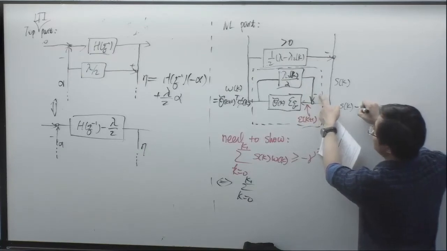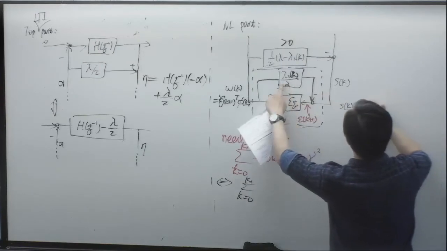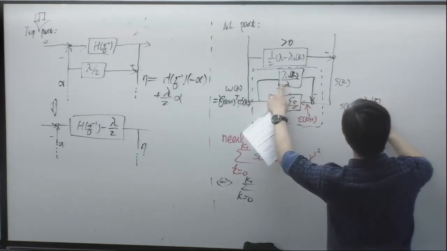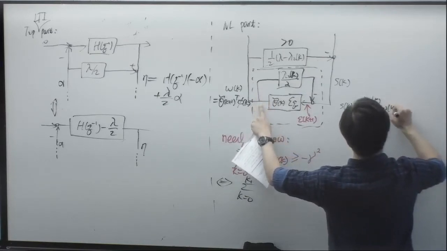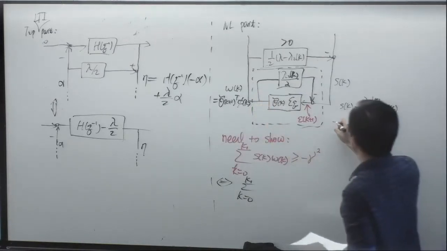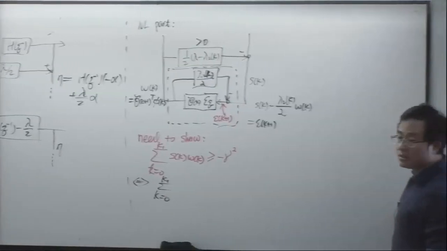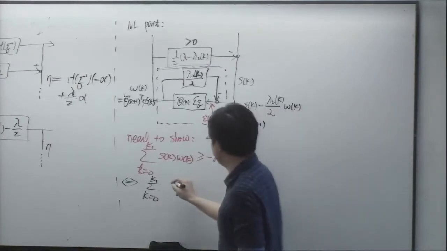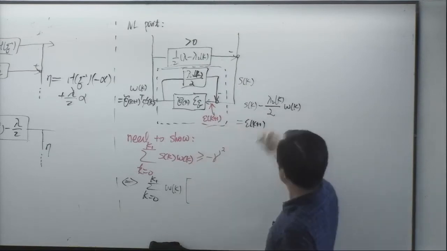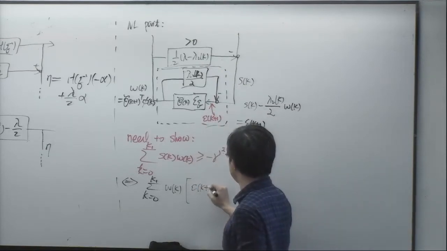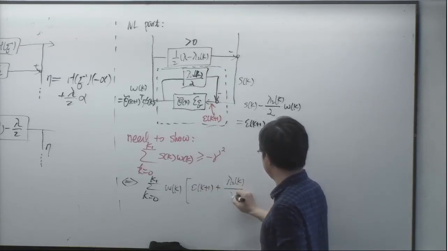And this signal is minus lambda 2k over 2 times this signal, which is w. And it equals epsilon k plus 1. In other words, we know that sk equals sigma epsilon k plus 1 plus lambda 2k over 2.